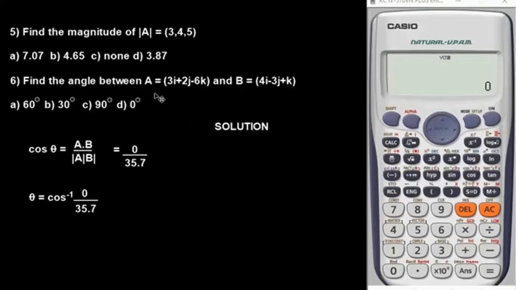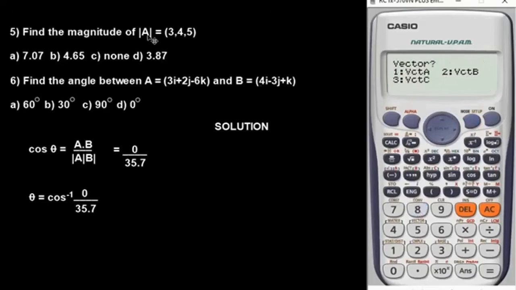Okay, example 5 says find the magnitude of this vector. So right now we have to clear the calculator and store these values as vector A. We press shift button 9 and follow the instructions, press 3, equal to. So we go back to vector mode, press mode, category 8.